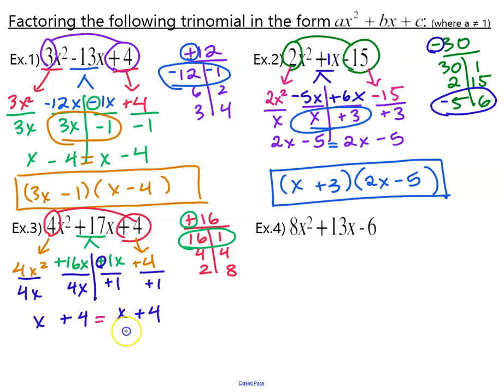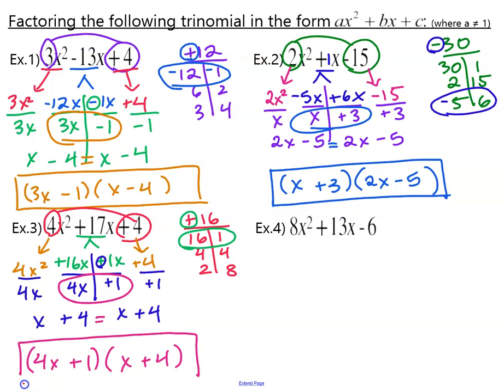So again, that means you did it correctly, that these are equal to each other. So when we write our final answer, you take one GCF from each side, and then you take what was left over that is equal on both sides, and that is your factored answer. One last example. Go ahead and pause, try it on your own, and check back with me when you're finished.